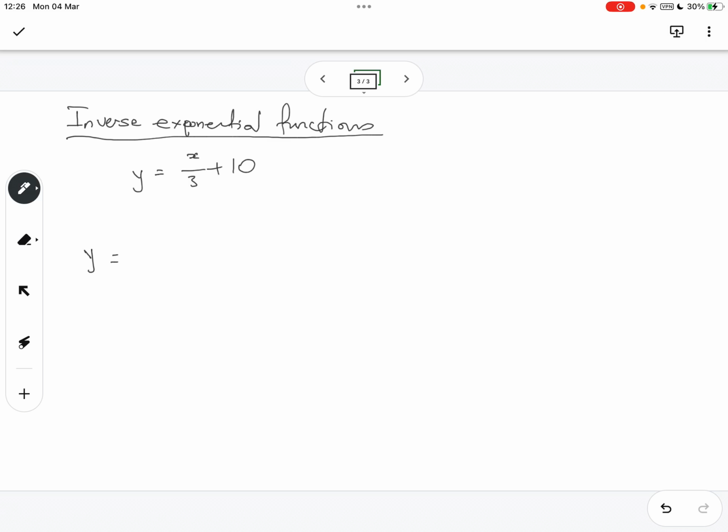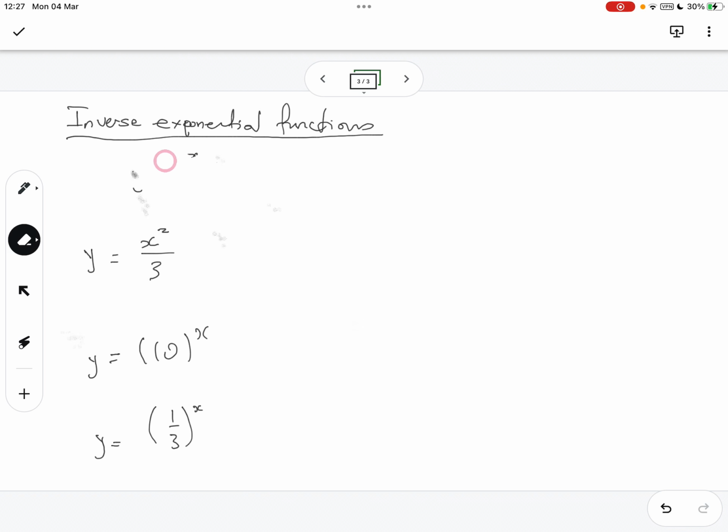If we have a function y equals x over 3 plus 10, and another one that's y equals x squared over 3, then another one that equals 10 to the x, and another one that equals 1 over 3 to the power x.